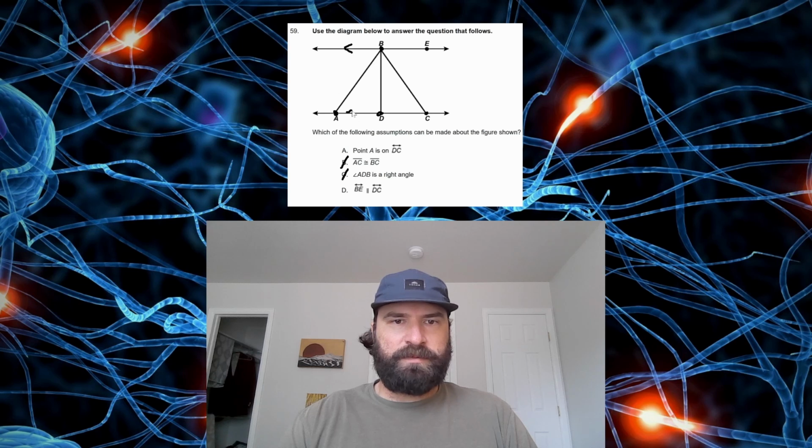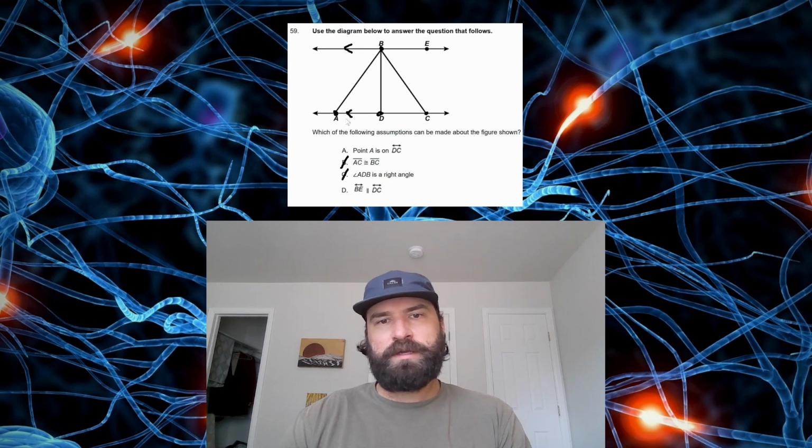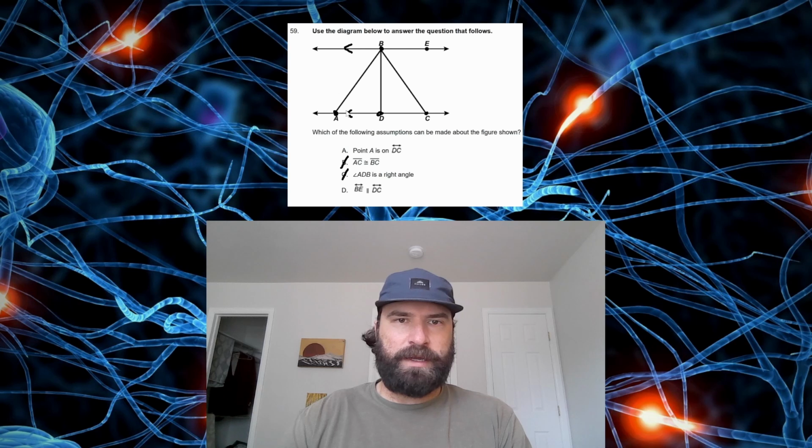If something was parallel, we would have something that looks like this, these little V's on the line. That would be a symbol that would represent that they're parallel, but we don't have those in the middle of the line. So we can't make that assumption either.